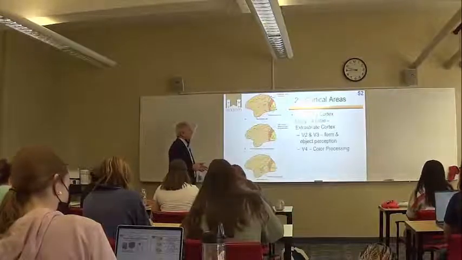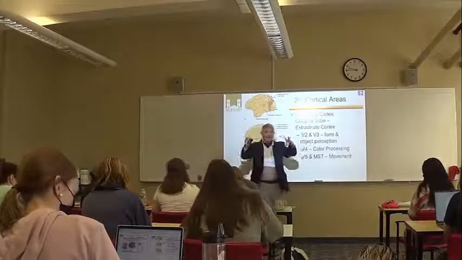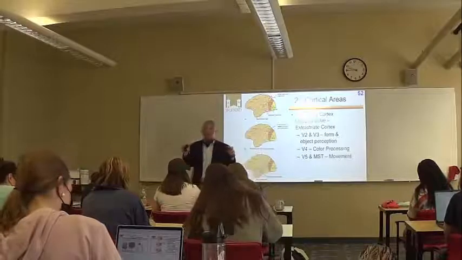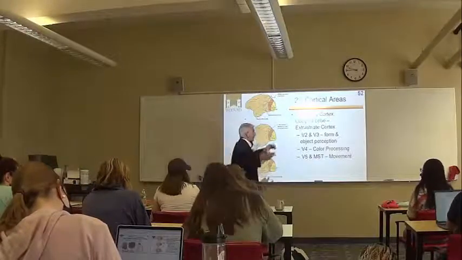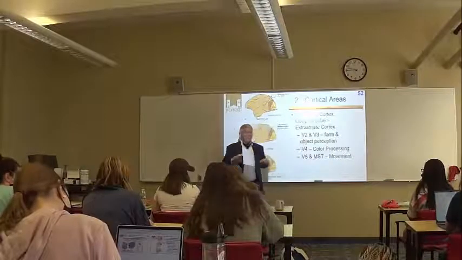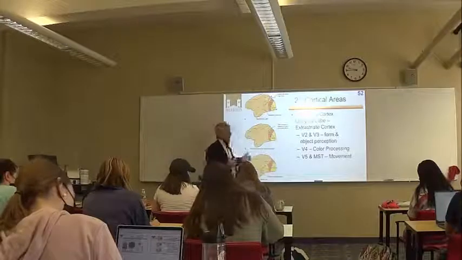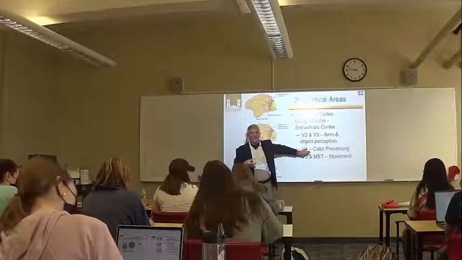So, as I mentioned, we have these secondary areas that are now going to take those primary features, look at that pattern of firing in V1, and assemble it back into objects. So we have areas called V2 and V3 that are going to do object and form perception. We have a special area, V4, for color processing, for identifying colors.